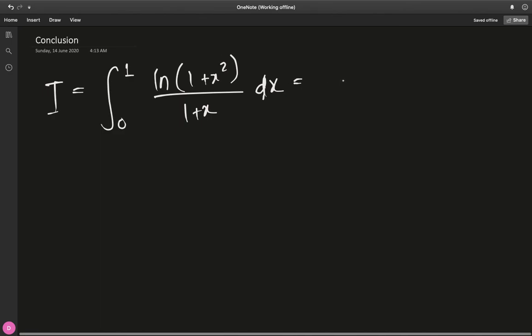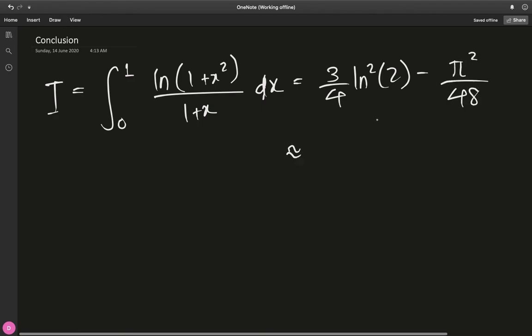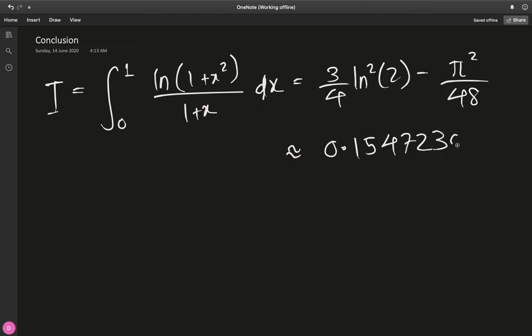In some places we even used the Dirichlet eta function, and finally we got the nice answer of 3/4 of natural log squared of 2 minus pi squared over 48, which is approximately 0.154723, and it has, I think, two more zeros ahead. So that's what this approximates to.